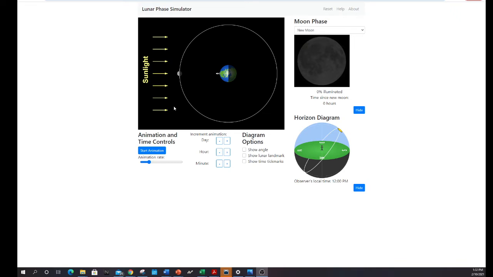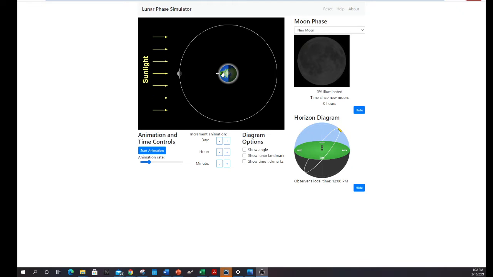So essentially, the moon phase is the difference, the time it takes the moon to catch up, right? The phase that we see depends on the moon's position relative to us and to the sun. For instance, when the moon is between us and the sun, this is what we call the new moon phase.